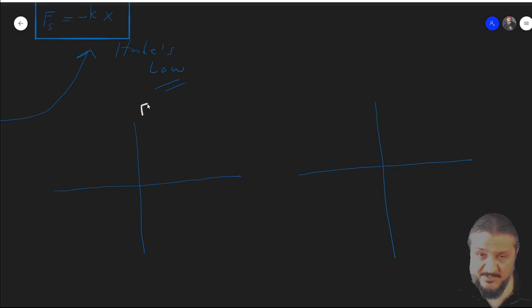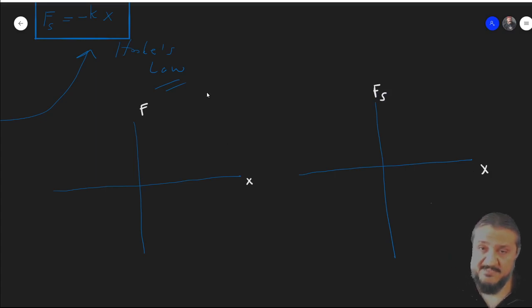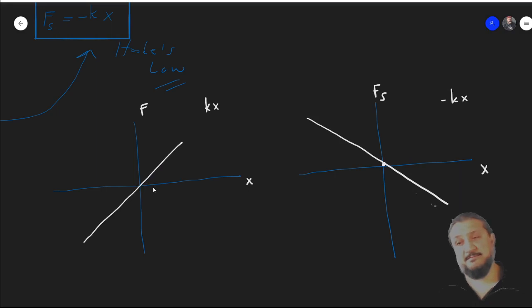The force I exert as a function of x, and the force in the spring as a function of x. So this F is equal to not kx, not negative kx, but just kx, and this is negative kx. So negative kx will be something like this. It goes from 0. And the positive kx is obviously like that. Okay?